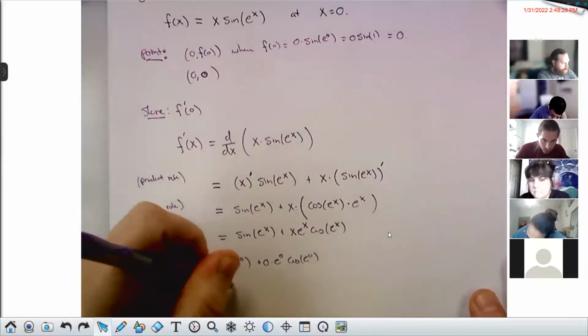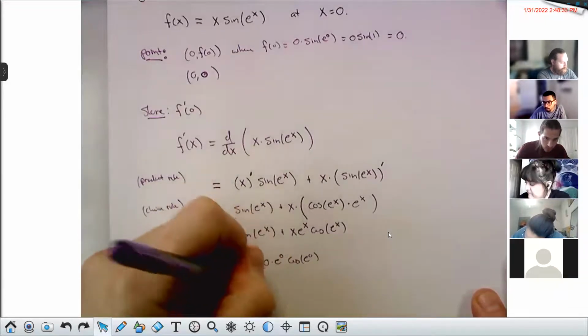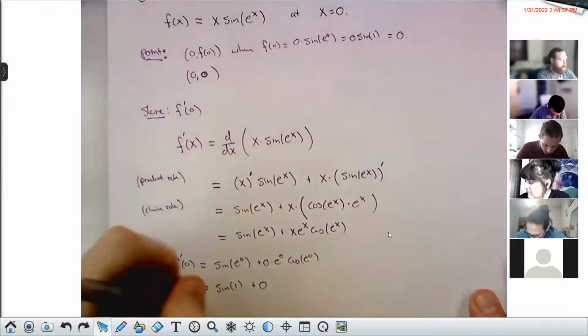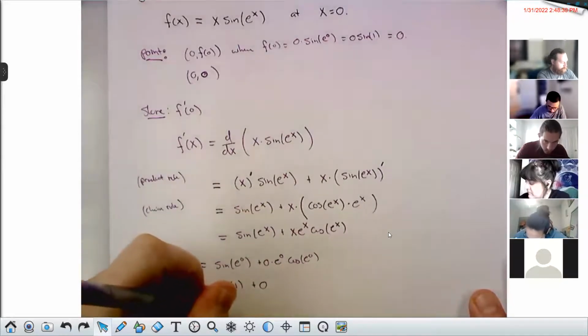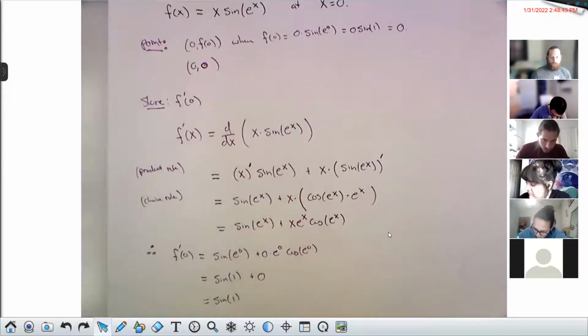So this is the sine of 1 plus 0 times 1 times the cosine of 1. So plus 0, because we're multiplying by 0. In other words, just the sine of 1. And that's not a nice number. You could use a calculator to approximate it as a decimal if you want, but we should just leave it as the sine of 1, right? That's the exact value.